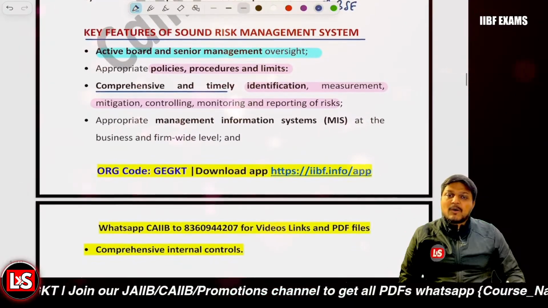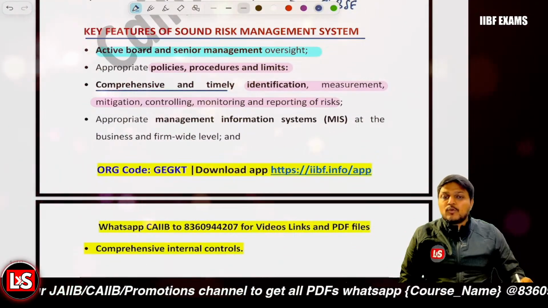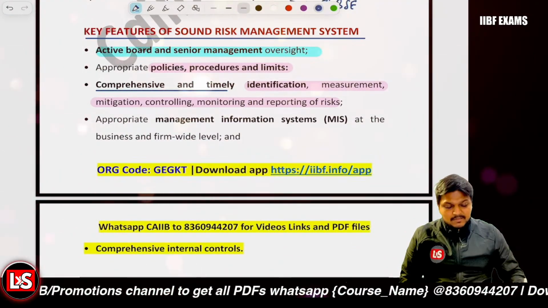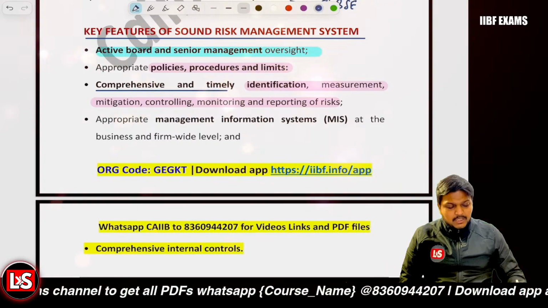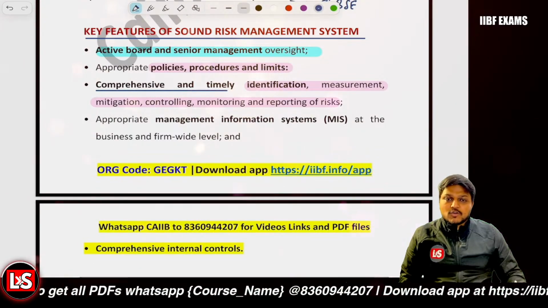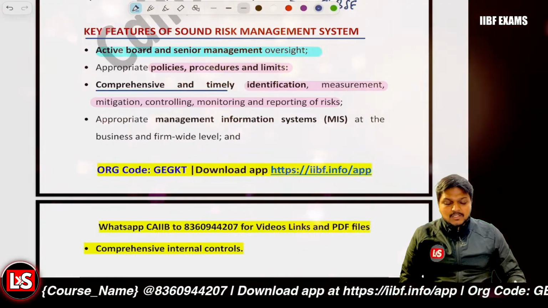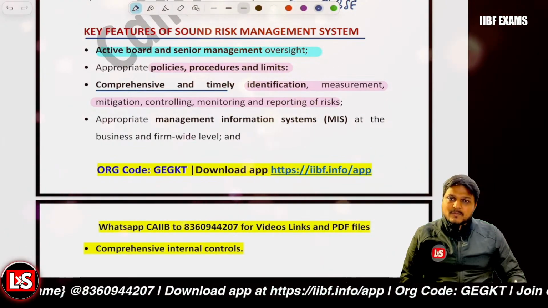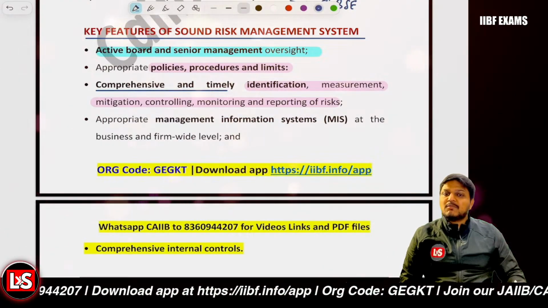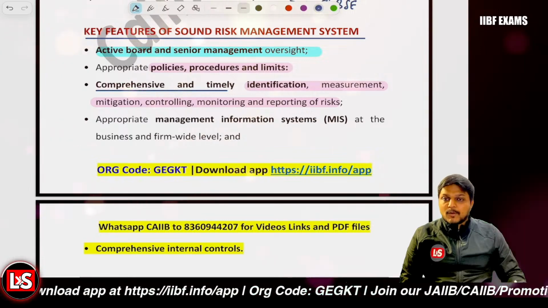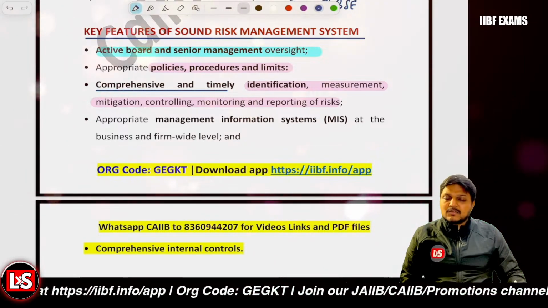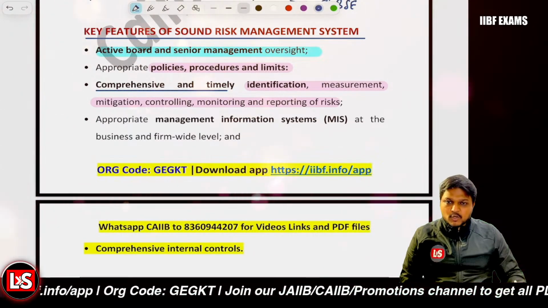Further, monitoring and reporting is also to be done on a continuous basis. We are talking about the risk management system now. So first of all, the board must be participating actively, the senior management must be participating actively, proper policies and procedures must be there, those should be defined properly, those must be documented.